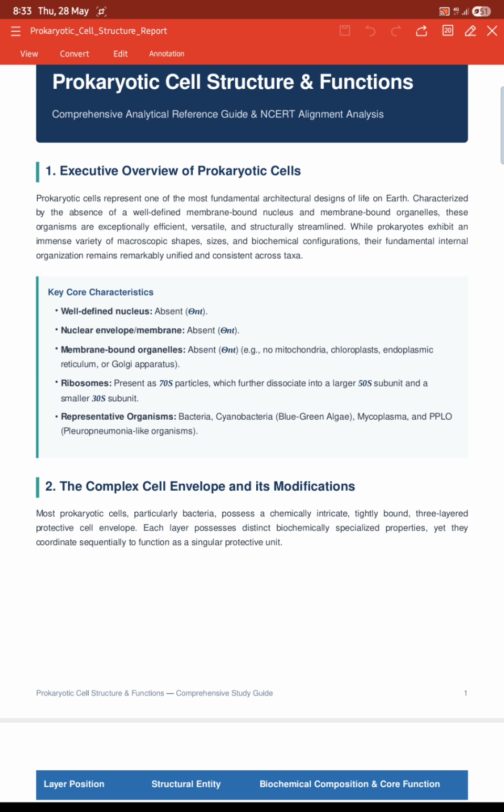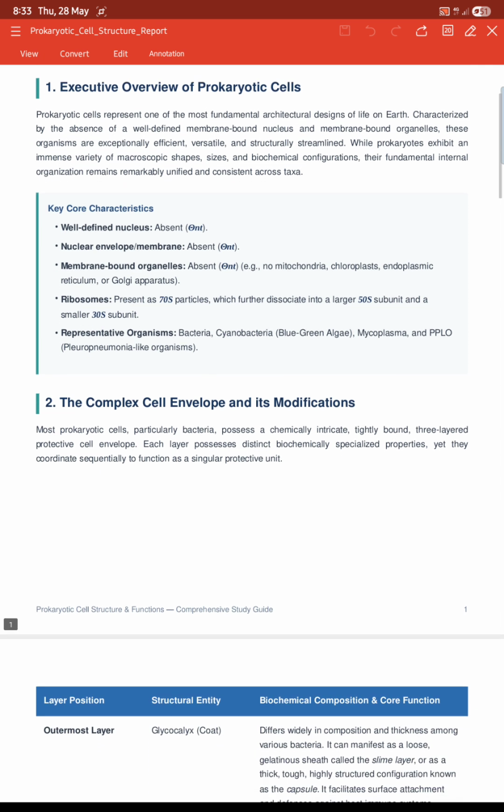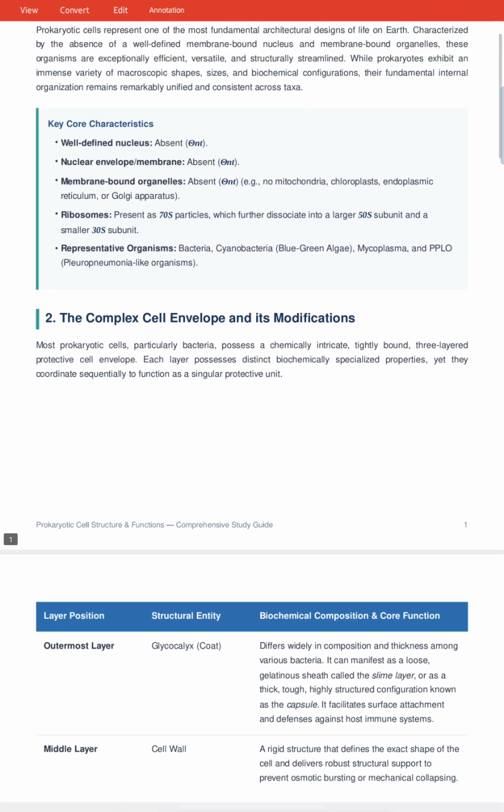They have a primitive nucleus and primitive membrane. Taxa represent the category.